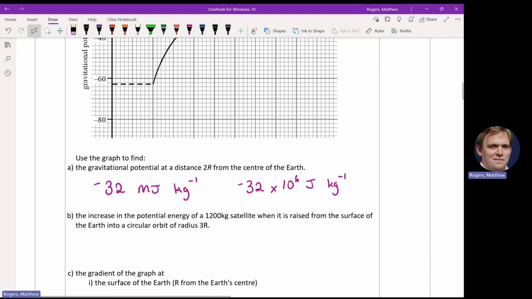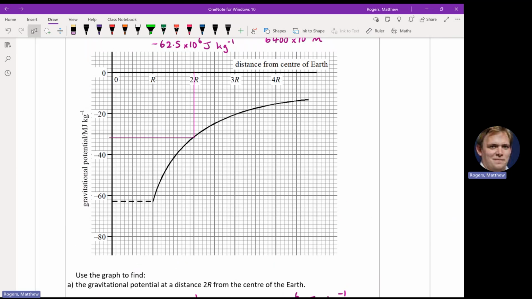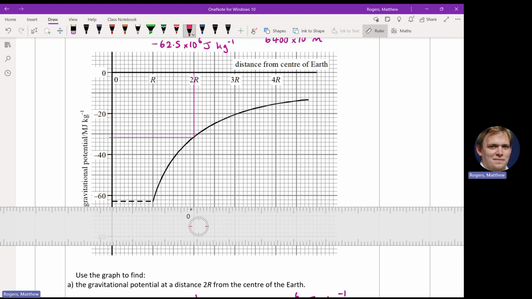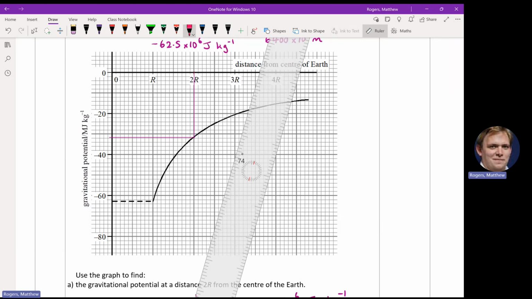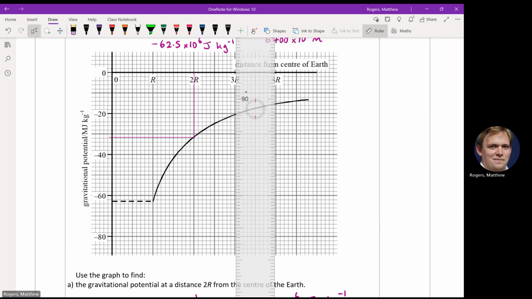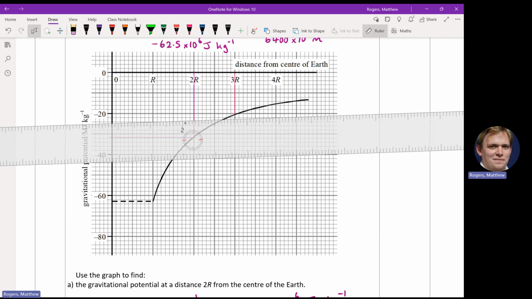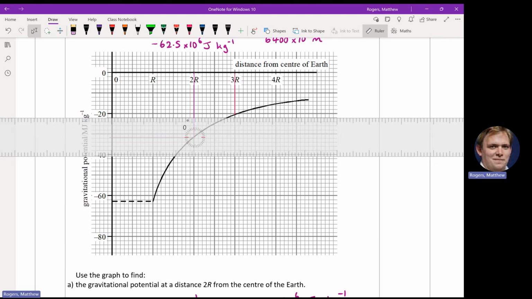B, the increase in potential energy. It's important to note we've got this word energy in here. Use a different color. Of a 1,200 kilogram satellite when it's raised from the surface of the Earth into a circular orbit of radius 3r. So coming back to my graph, I need to take another pair of readings at 3r. Because in the question it says use the graph, we should be putting markings on the graph each time.